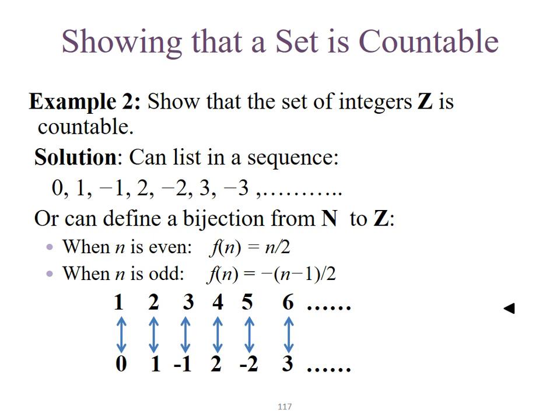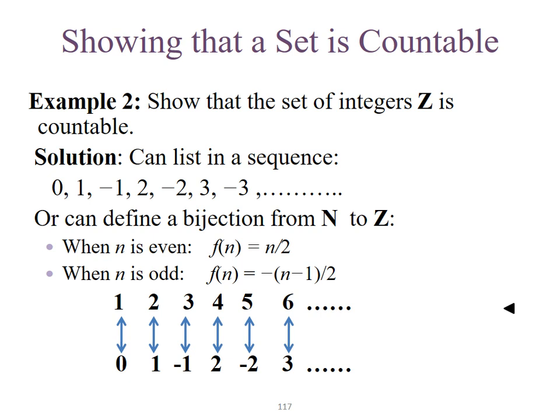Then we can define the function. If n is even, then f(n) equals n divided by 2. Because 2 maps to 1, 4 maps to 2, and 6 maps to 3. So how we map the index to the elements is f(n) equals n divided by 2.